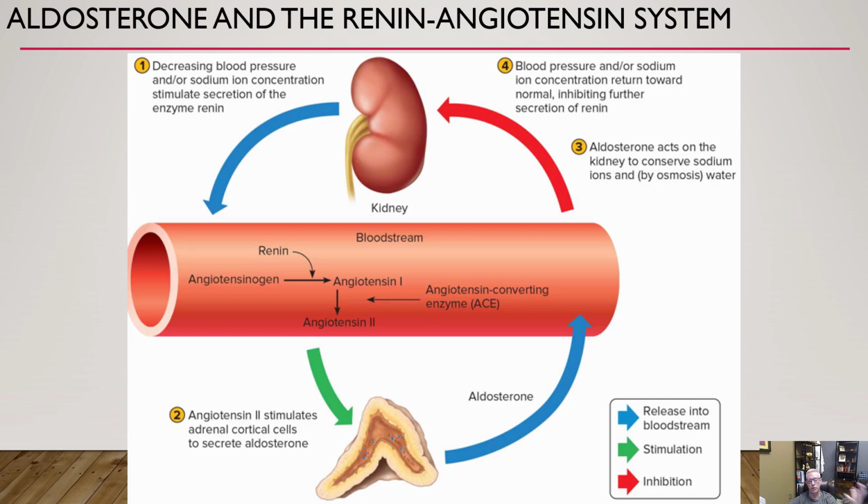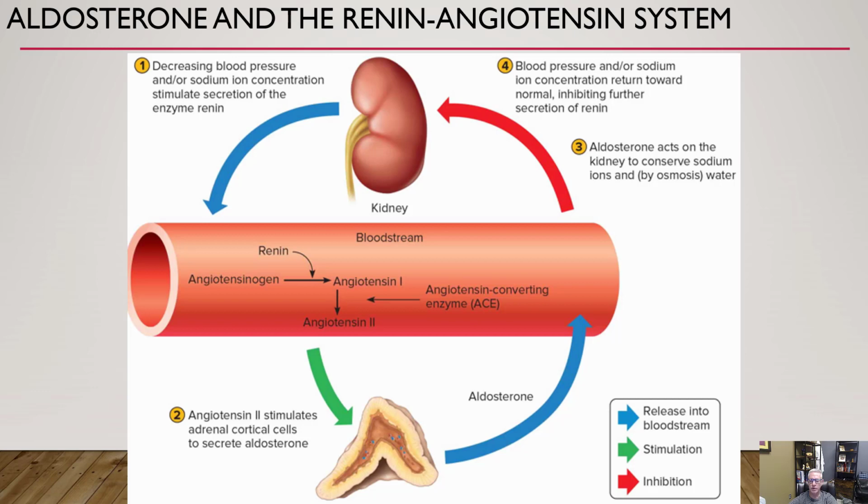So we're going to hold on to sodium and hold on to water. And now, because we have that increased blood volume, our blood pressure and sodium ion concentration is going to hopefully return to normal, inhibiting further secretion of renin.